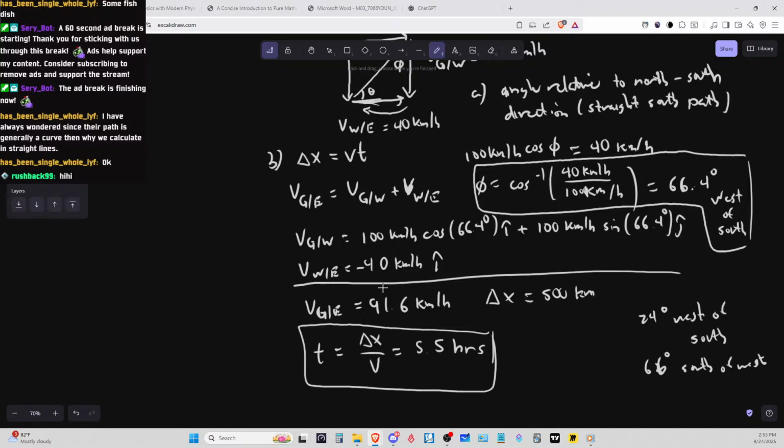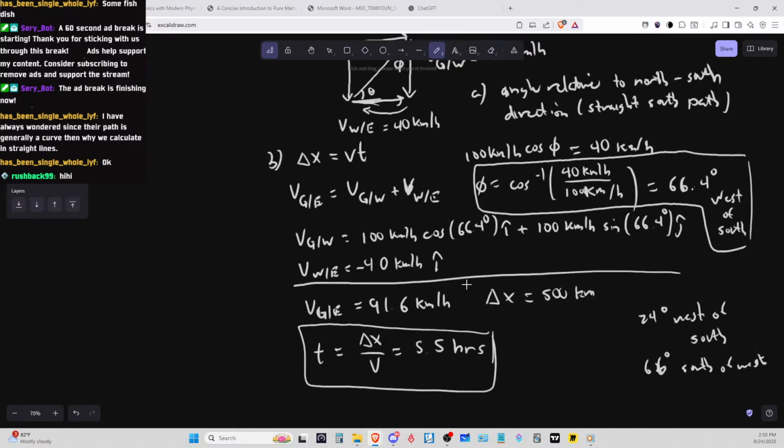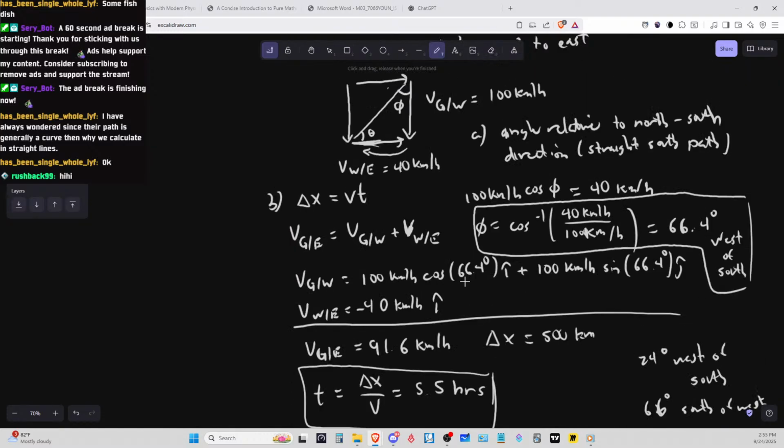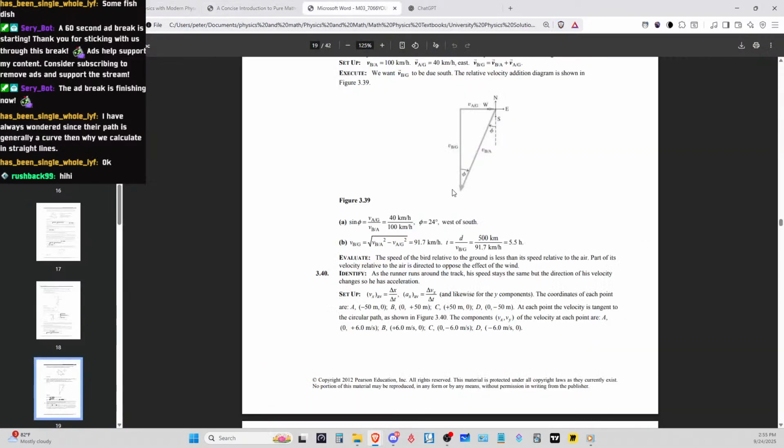So I feel like this problem, we didn't get entirely wrong, we just got the opposite way of thinking of it. So I think the reason why they do that is because they want you to get it from the south to the north perspective. And I think the perspective is the thing that's getting me a little bit off.